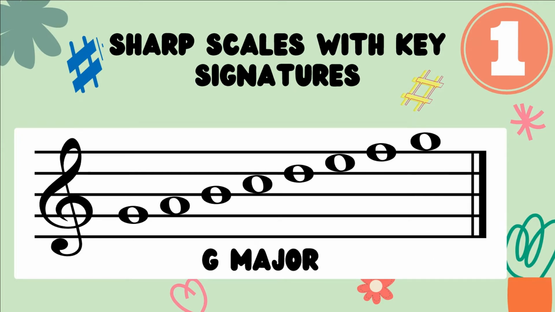Remember, we are constructing the scale with key signatures. The next thing is to place the one sharp in the right spot on the staff, and in this case, it's going to be on F. In doing this, we have succeeded in constructing this scale and placing the sharp sign on the particular line indicating G major.